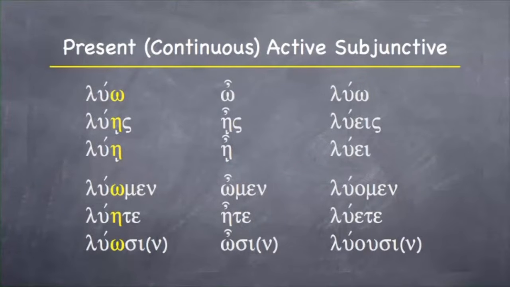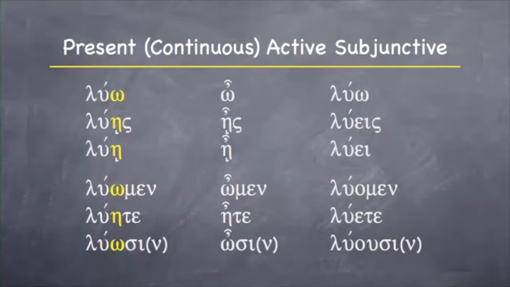You can see the first person singular is identical, and so when those happen, you'll find other contextual clues in the verse to help identify it as a subjunctive. And as far as the verb eimi is concerned, it's just the connecting vowel and the personal ending with a smooth breathing and the circumflex.